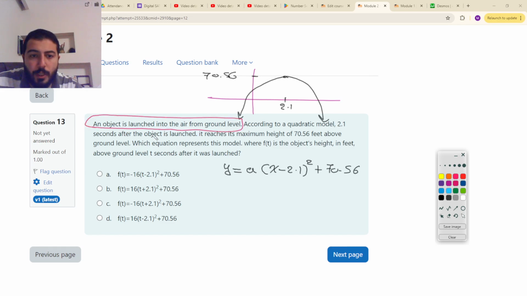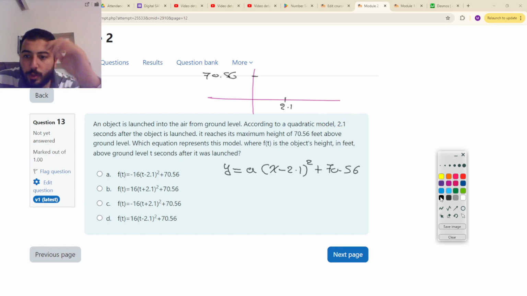He said an object is launched into the air from the ground level. So we know that it starts from the ground level, which is the origin. So if x is equal to 0, where x represents the time, the height is equal to 0.